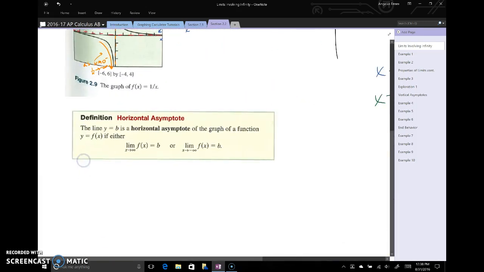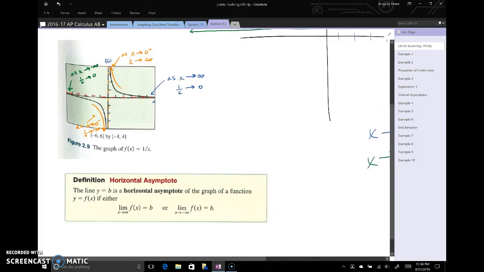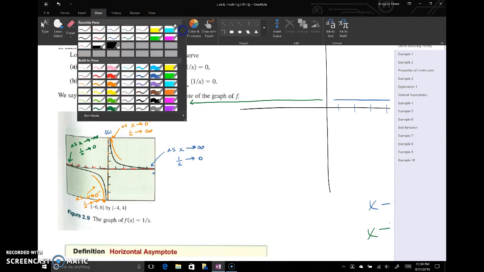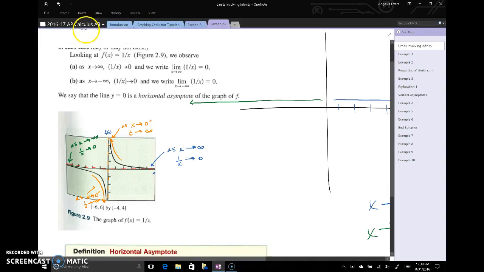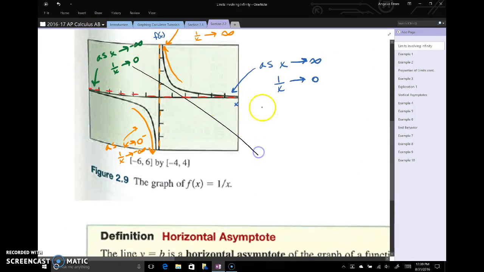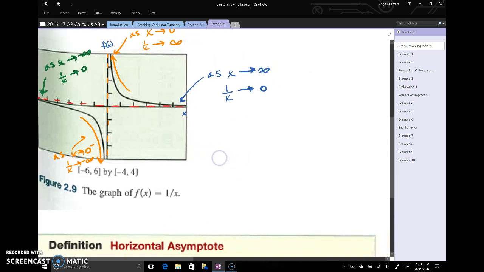Putting this into terms of limits, let me just write it out. So putting these two together, we could write the limit as x approaches infinity of the function 1 over x is equal to 0.